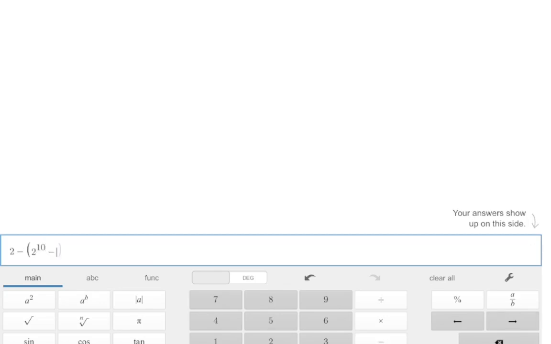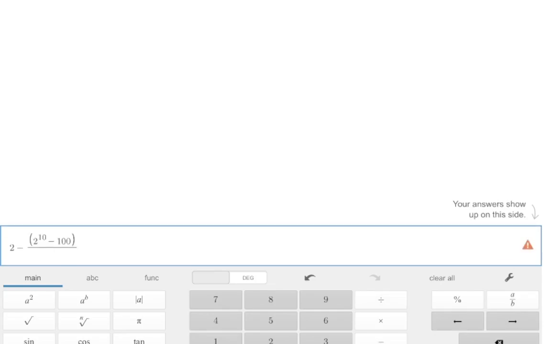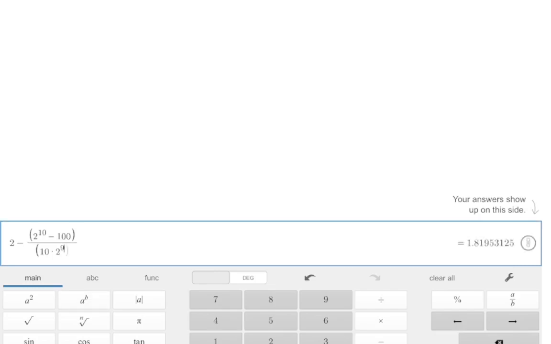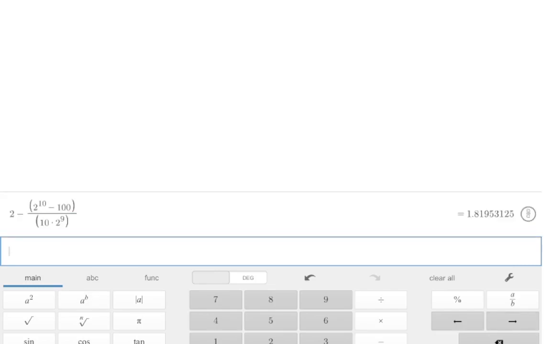And then minus 100, right? Divided by, make sure I get my parentheses right, 10 times 2 to the 9. All right, this is what I get. And that's that number I said before, 1.819, etc.